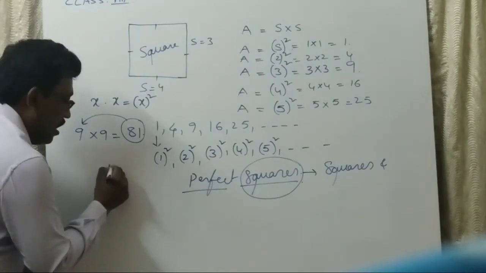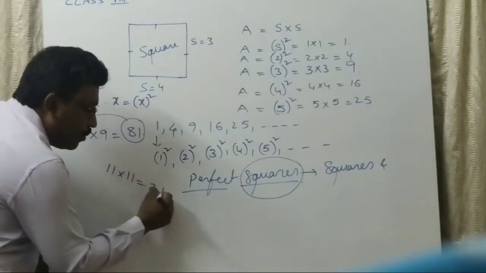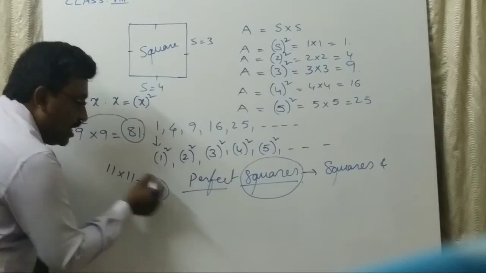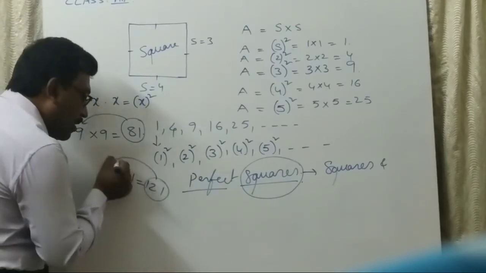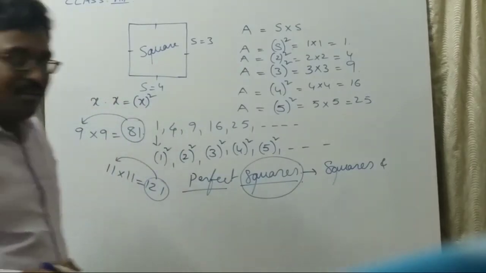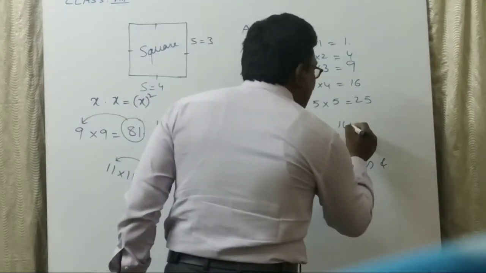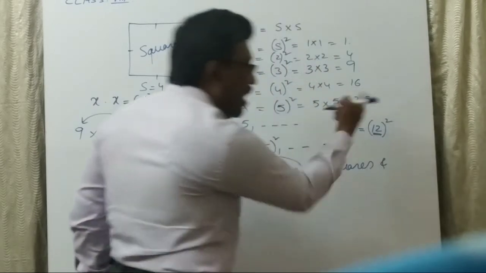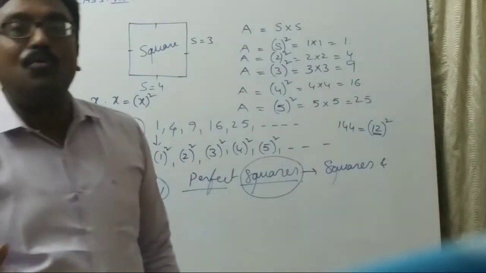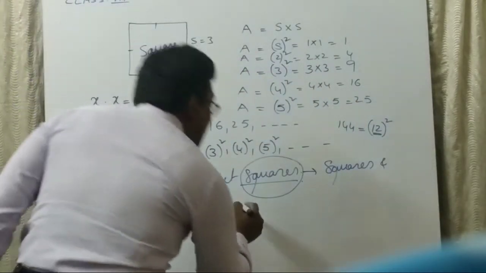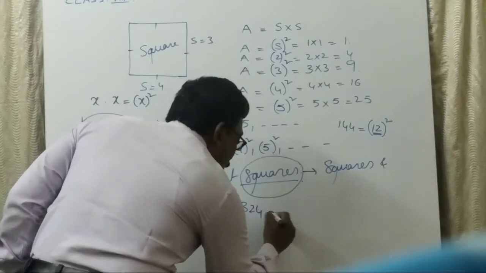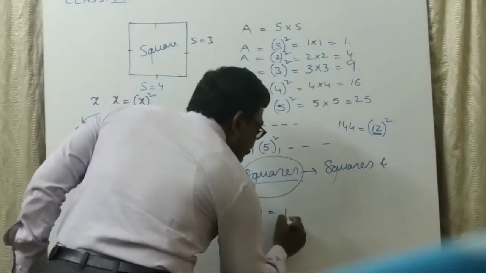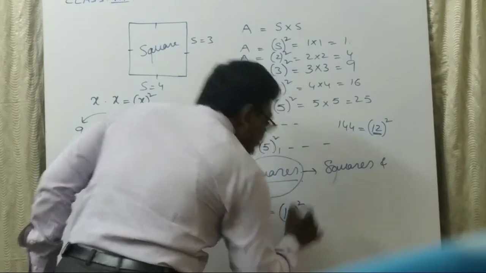Suppose 11 into 11, 121. 121 is a perfect square of 11. 144 is a perfect square of 12 because 12 square is 144. 324 is a perfect square of 18.